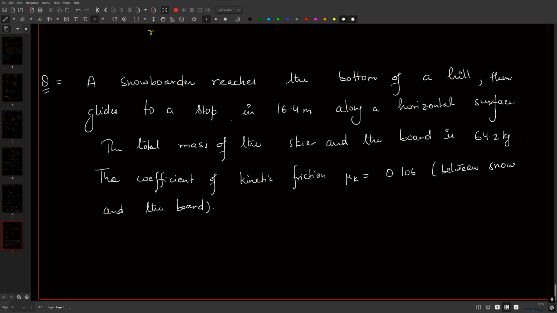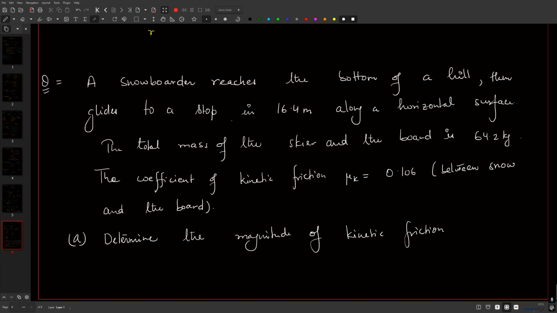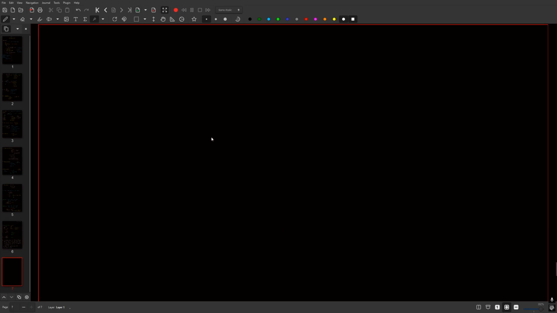So what you need to determine for this problem is the magnitude of kinetic friction, and the second part is work done by friction. That's what you need to determine.